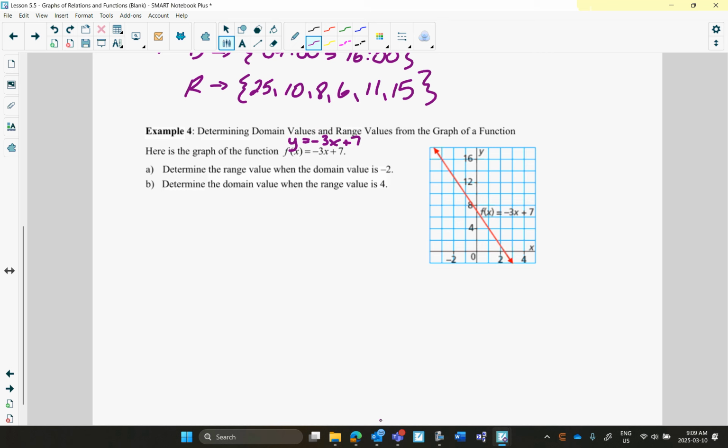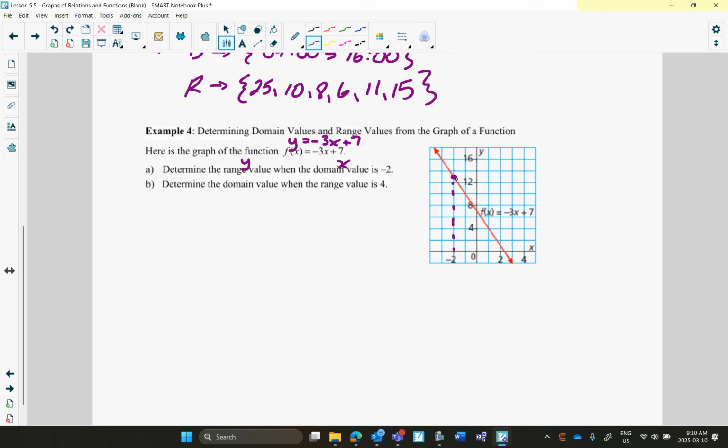And then when you see range value, that's y. So basically it's saying determine y when x is negative 2. So let's go to the graph. X is negative 2 here, right? So I got to go up to the graph and see what the y coordinate is.